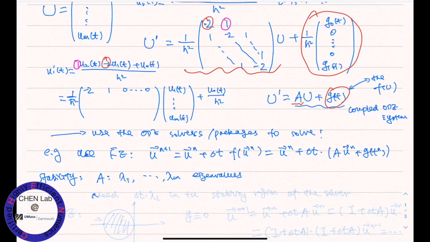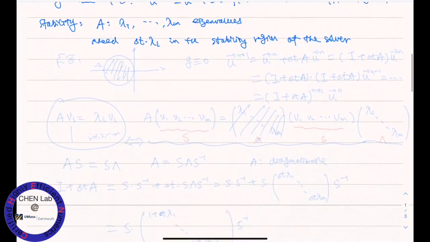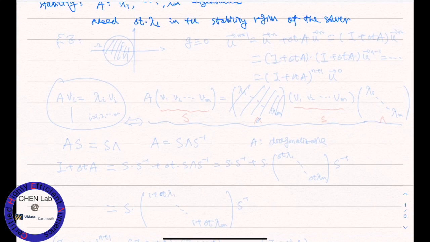So what we need is that this delta t times lambda i, those are in the stability region of the solver, right? Of the solver, which, if you recall, for forward Euler, that region is this circle, right? This circle.